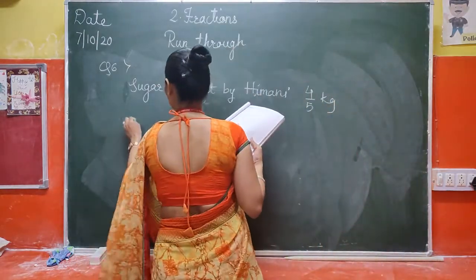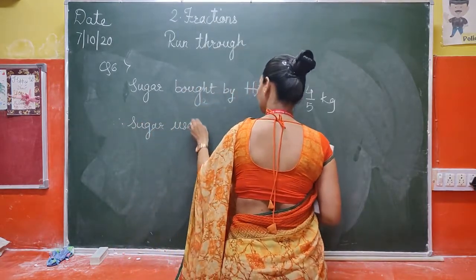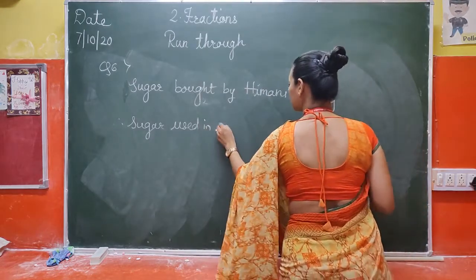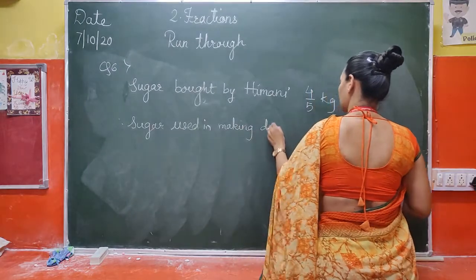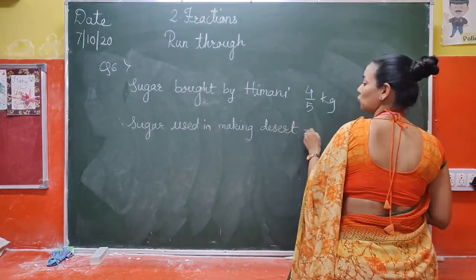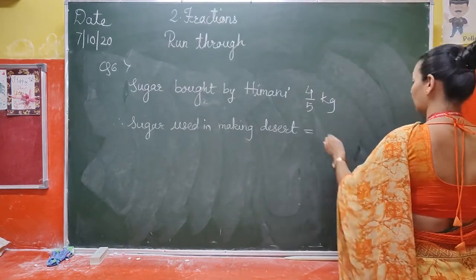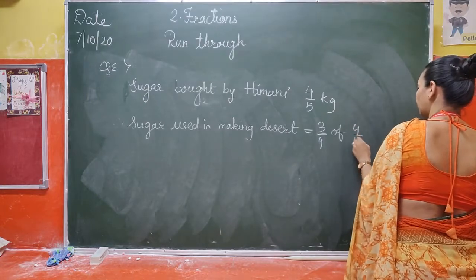So the sugar used in making dessert will be 3 by 4 of 4 by 5 kg.